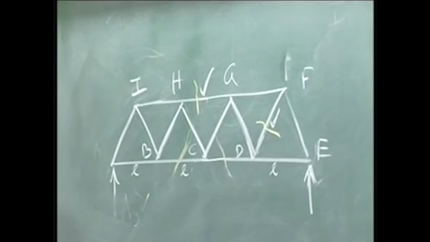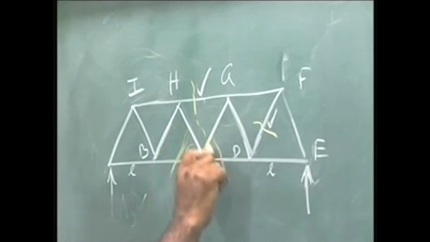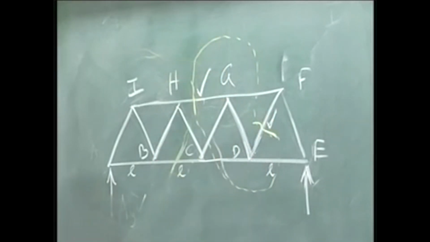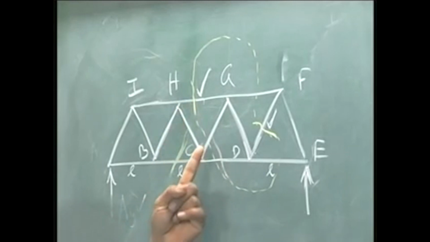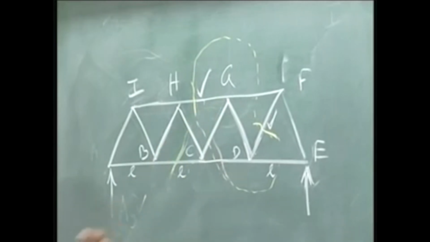In what all ways can I go about doing this? Well, I can take something like this. Is it possible? In which case I will be revealing a force like this, a force like this, a force like this, and a force along this. If I take vertical equilibrium, this and this force will come into picture, which means I cannot take one single force in order to do this.